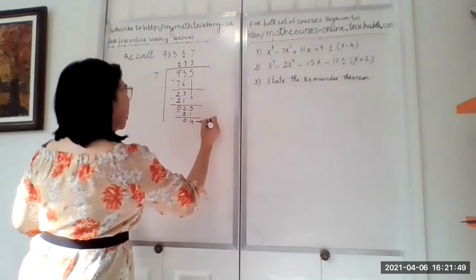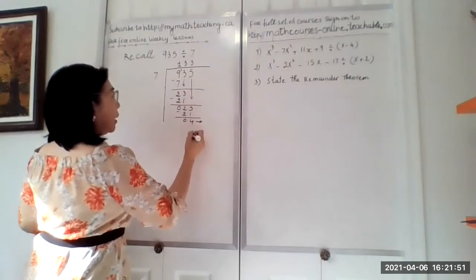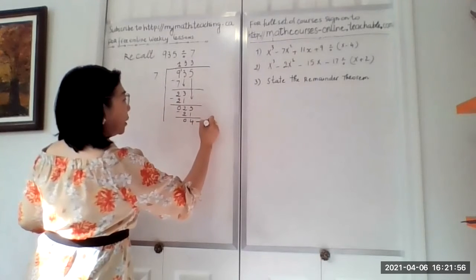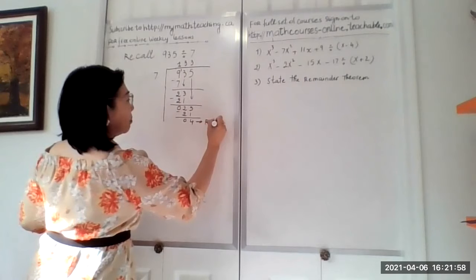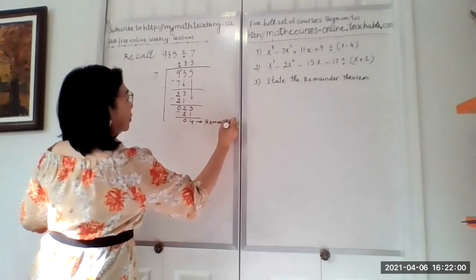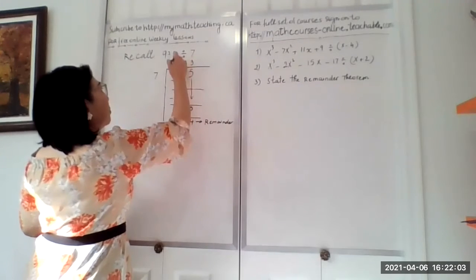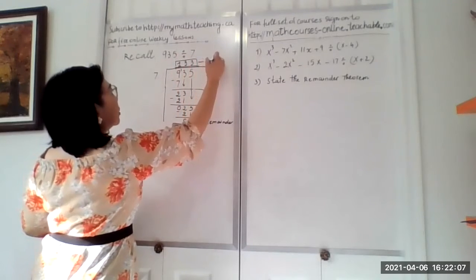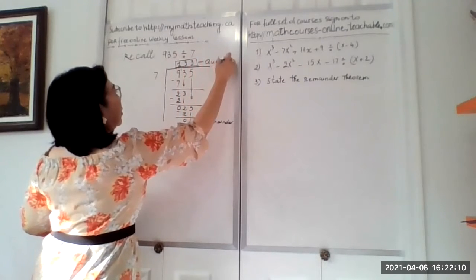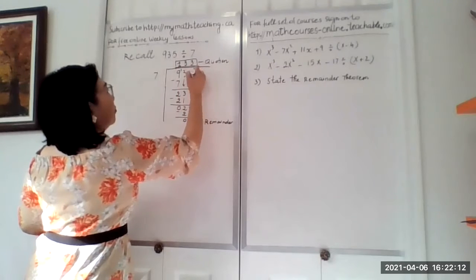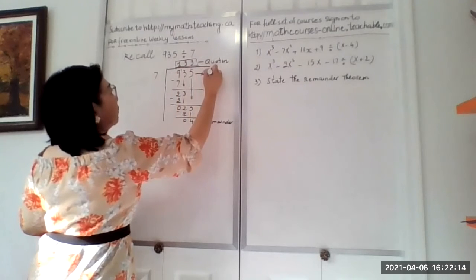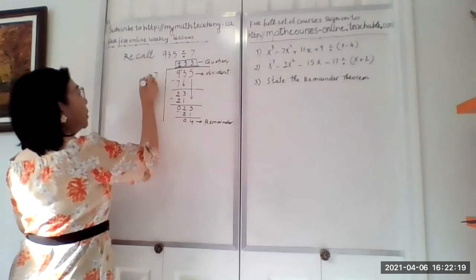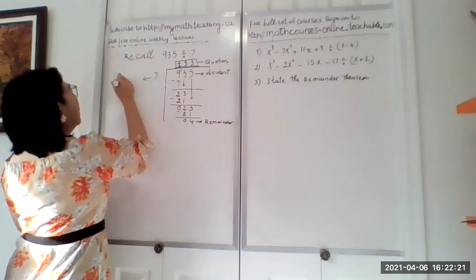If we continue dividing, we keep dividing down, but let's say up to here we stop, and this number 4 is the remainder. The number we get on top as the answer we call the quotient. This number here we call the dividend, and this number here we call the divisor.